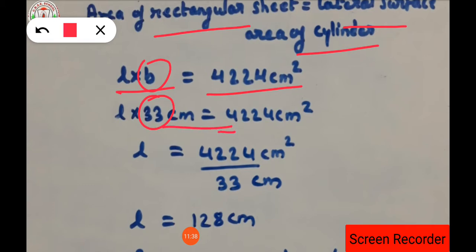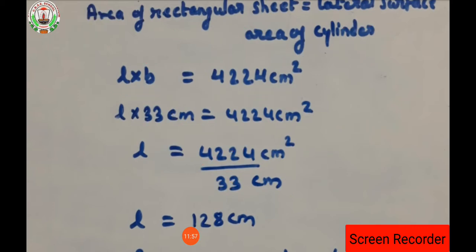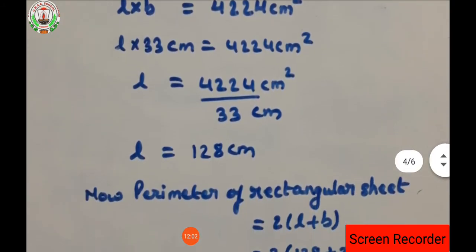So this breadth will come in the denominator in order to find the length of the rectangular sheet. So 4224 will be divided by 33. This 4224 comes in the table of 33. How many times? 128 times. So the length of the rectangle is 128 centimeter.